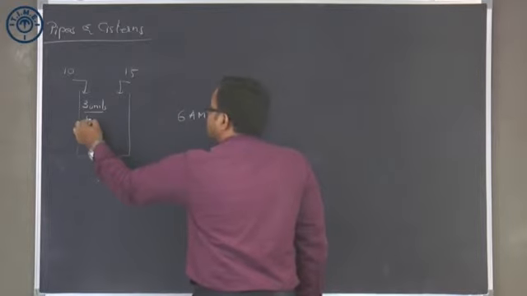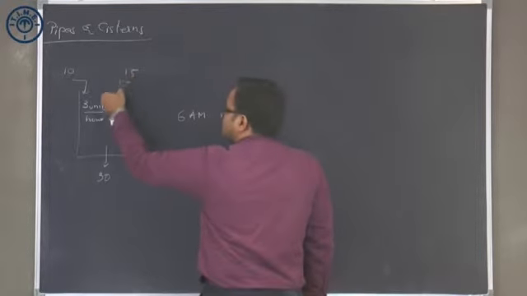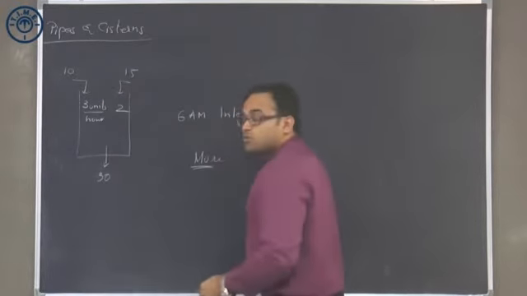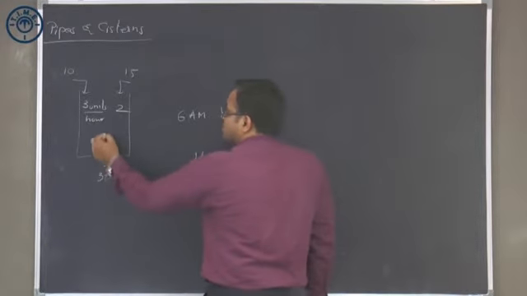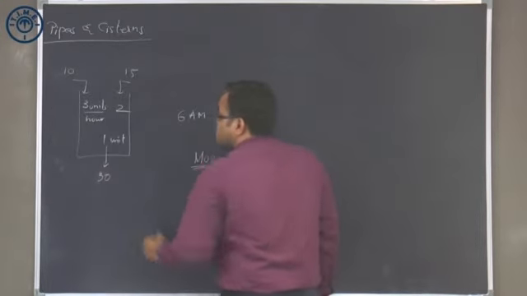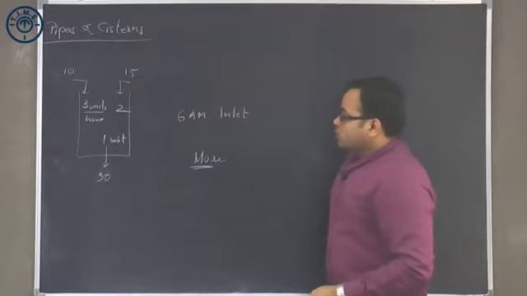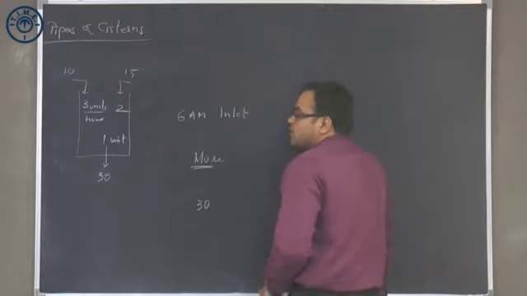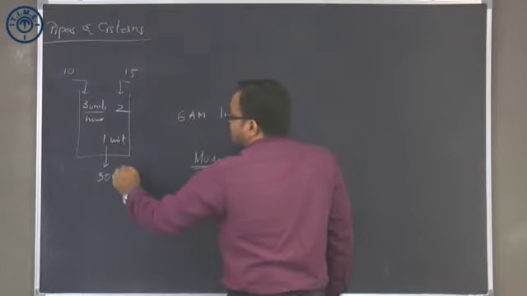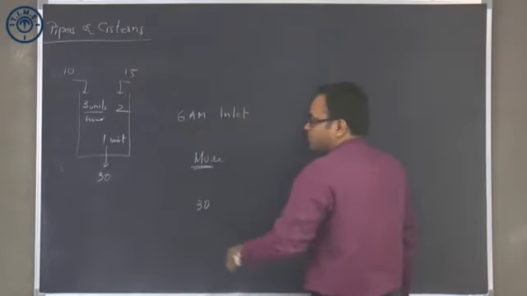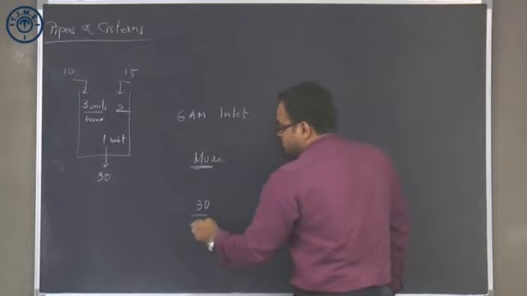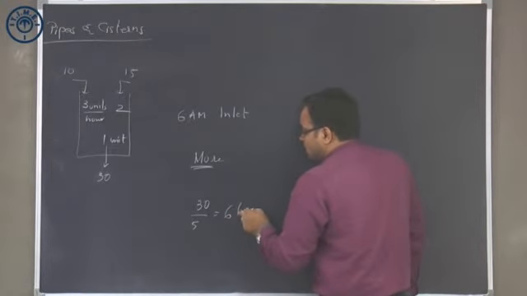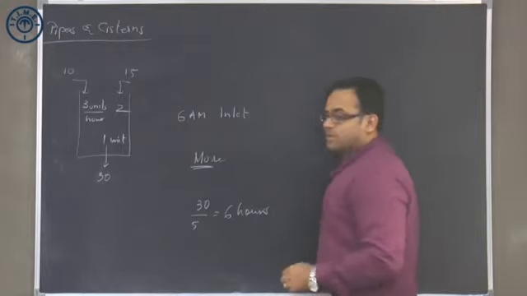So this is filling at the rate of 3 units per hour. 30 upon 15, this is filling at the rate of 2 units per hour. And this is 30 upon 30, 1 unit per hour is going out. If the total capacity is 30, the original time that it should have taken would be 3 plus 2, 5, 30 upon 5, 6 hours. So 6 hours is what it should originally have taken.